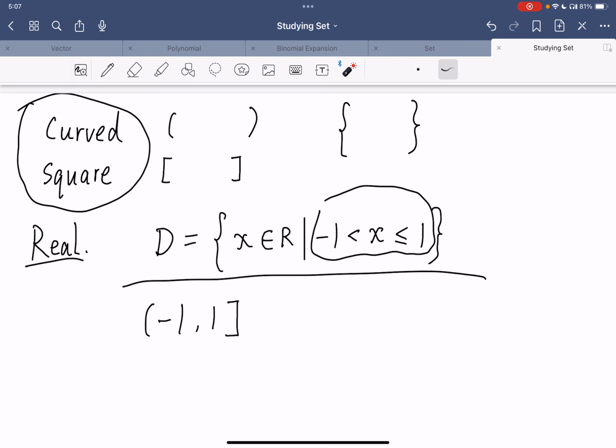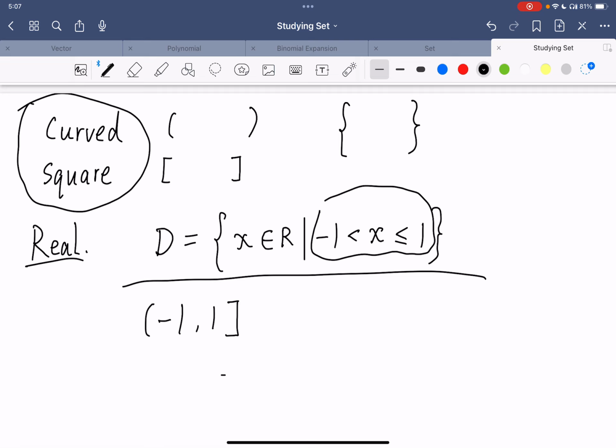And on the right-hand side, because it can be equal to +1, we use square bracket. So you can see that curved brackets are used for excluding a number. Square brackets are used for equaling in this case.